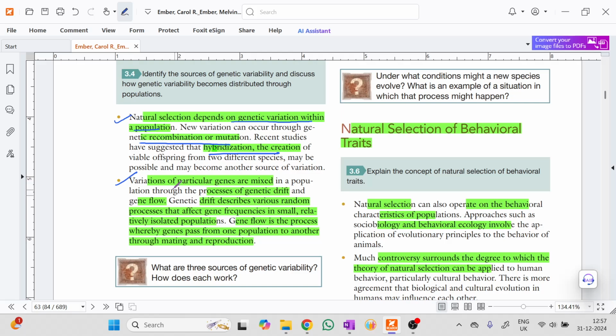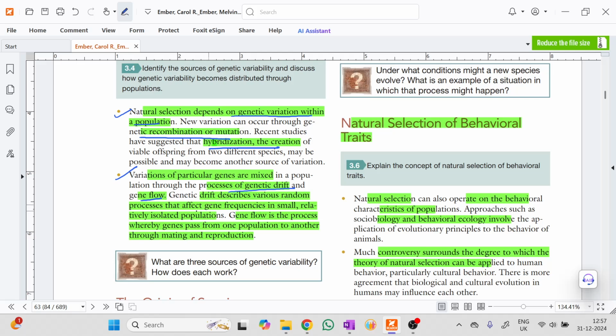Genetic drift is described as the set of processes that affect gene frequency in small and relatively isolated populations. Such migrant populations are likely to derive the genes which are present in them.